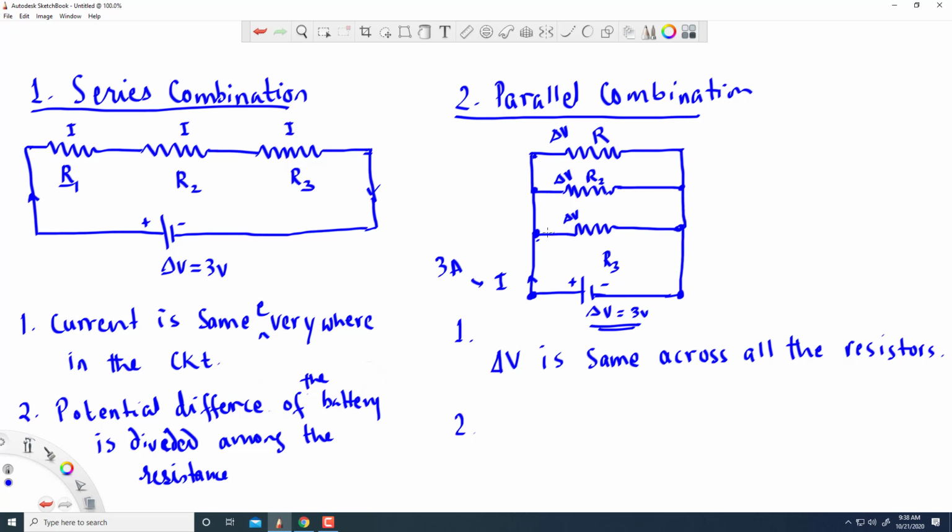Part of it goes to this branch, part to this branch, and part to that branch. It may be 1 here, 1 here and 1 here, so they add up to the total of 3. So, current is divided among the parallel branches.